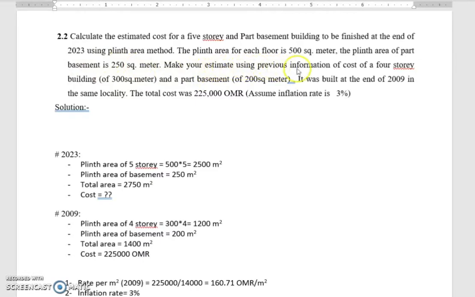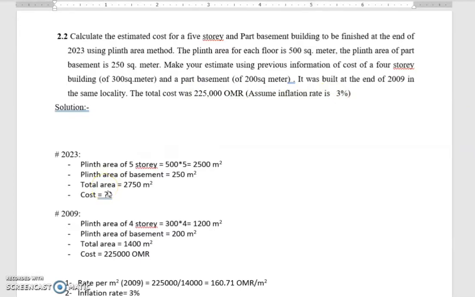Make your estimate using the previous information of a 4-story building of 300 square meters per floor and a part basement of 200 square meters, built at the end of 2009, in the same locality, so there is no difference in costs. The total cost was 225,000. Assume the inflation rate is also 3%.